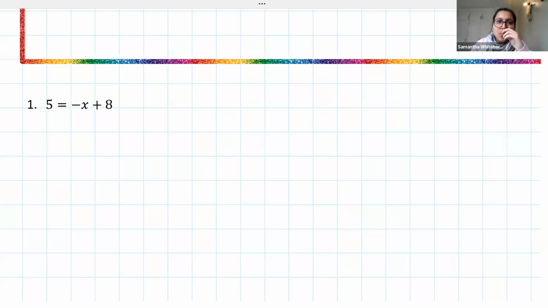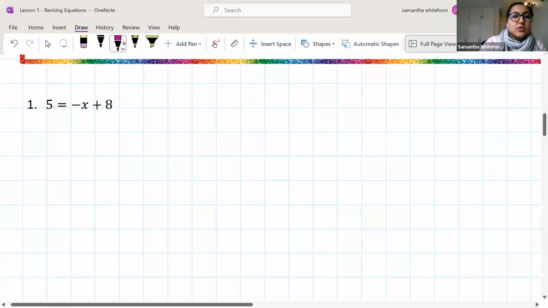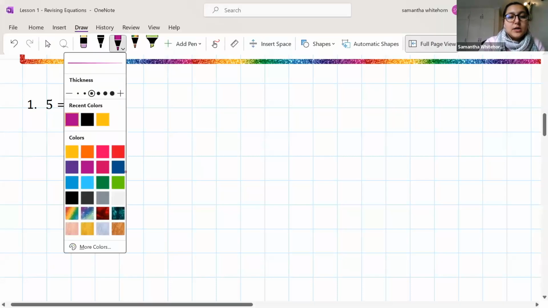So the steps are more a guide for those of us who maybe aren't feeling super comfortable with the topic of equations. If you can solve this using correct mathematics, I'm okay if your working out looks a little bit different to mine.